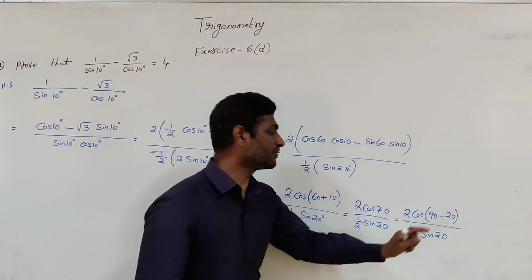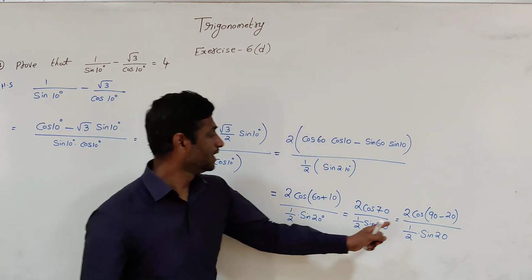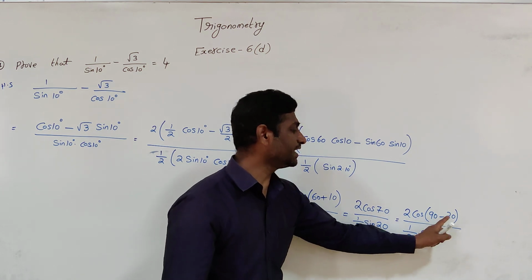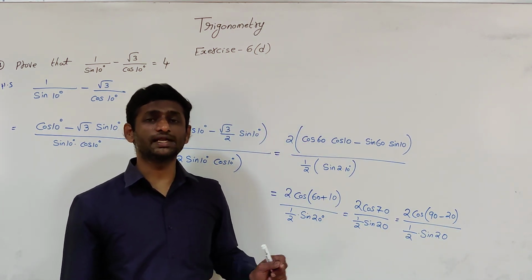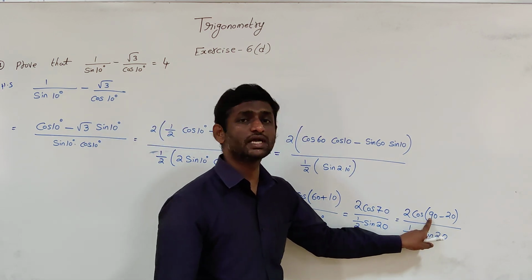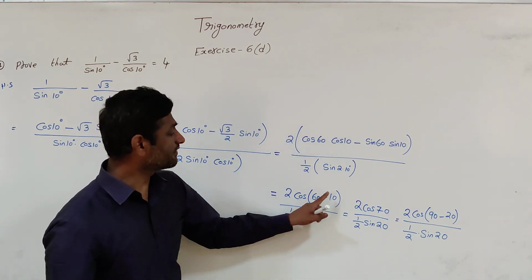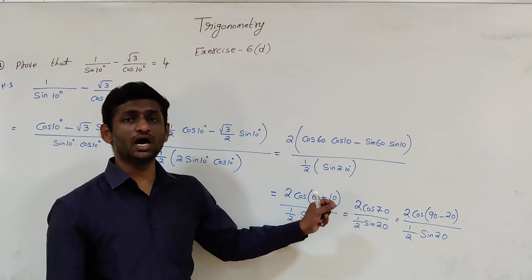But what is cos of 90 minus 20? It is in the form of cos of 90 minus theta, which gives sin theta. Means it will be sin 20. So cos 70 and sin 20 are equal.